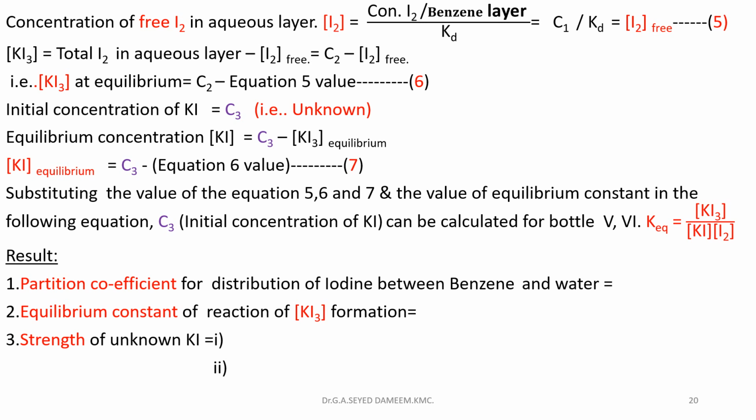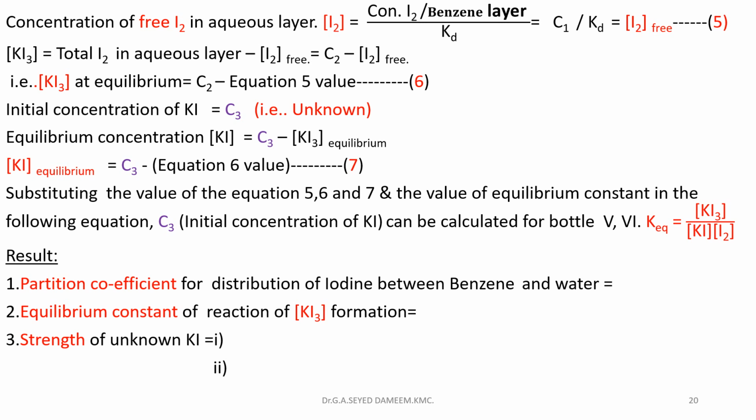By substituting the values of equations 5, 6 and 7, which has C3, and the equilibrium constant, we can calculate C3, the initial concentration of KI in bottle number 5 and also bottle number 6.